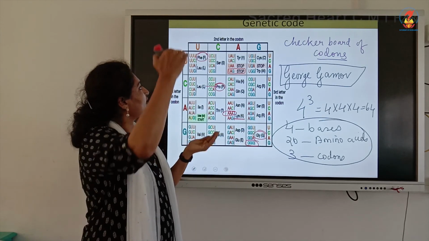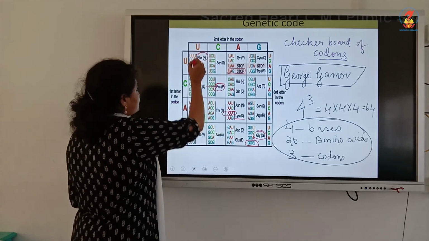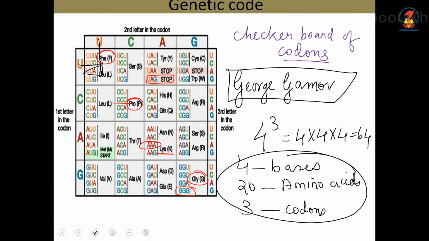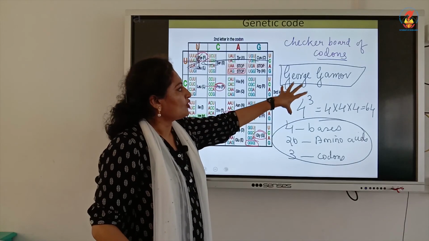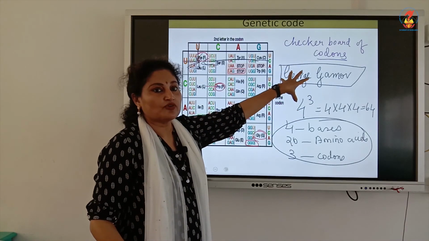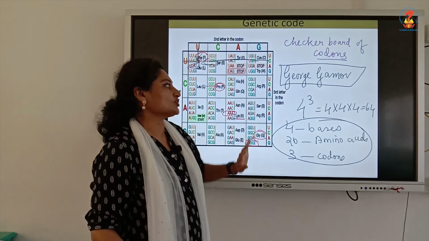But here, the options are coming from top, side, left, right, etc. to form 3. We are filling 3 bases in each. So this checkerboard comprising 64 codons, the credit goes to George Gamow.